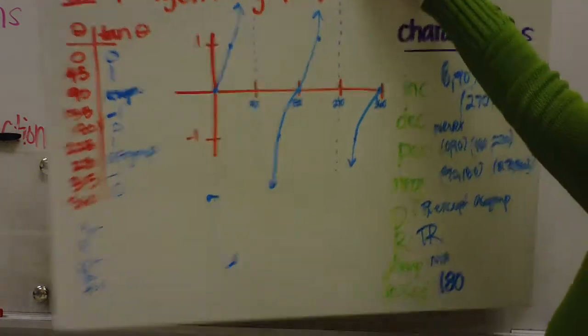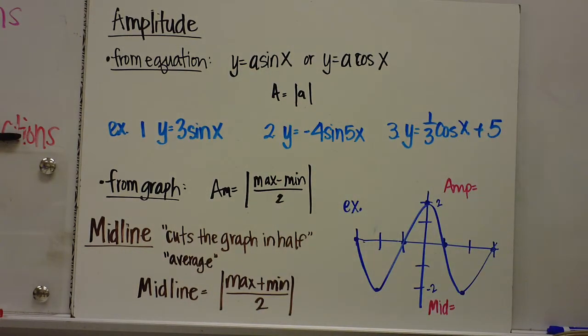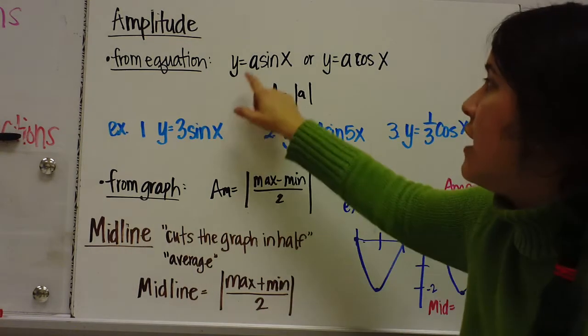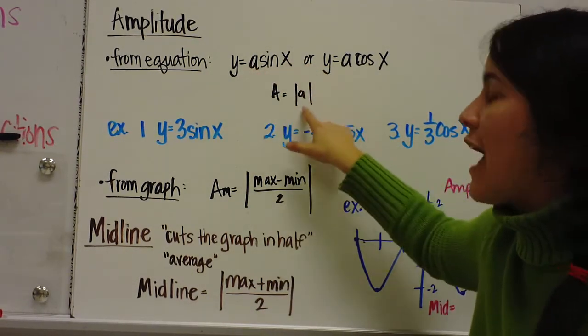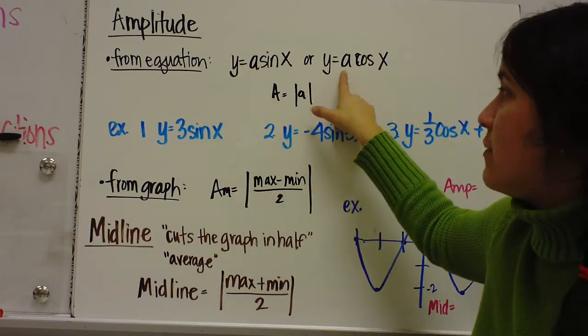So now let's actually use this and do something with it. So copy this down. The amplitude. If you have an equation of a trig function, sine or cosine, the amplitude is going to be that a value in front, the absolute value of a. So whatever that variable is in front, that's going to be your amplitude.